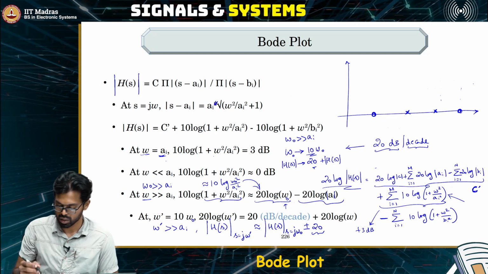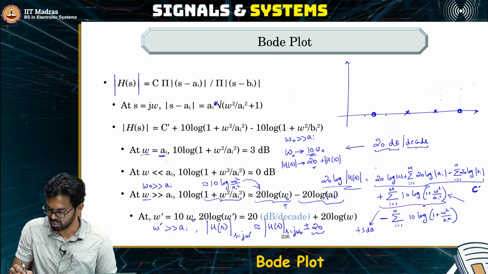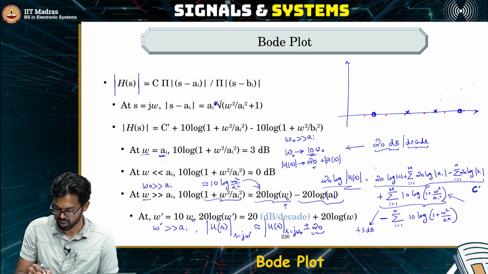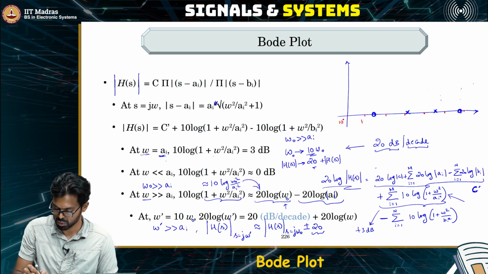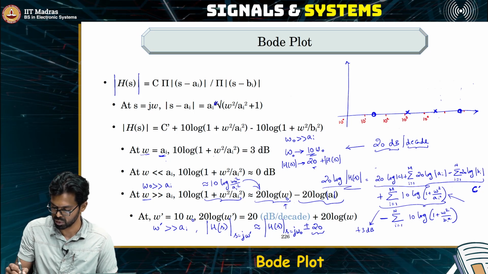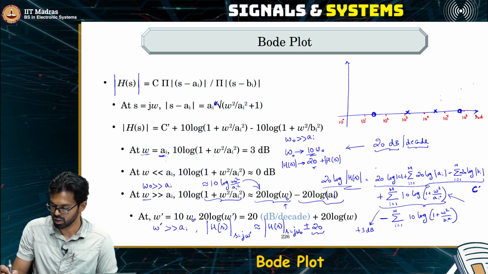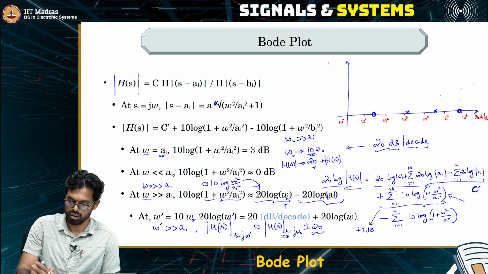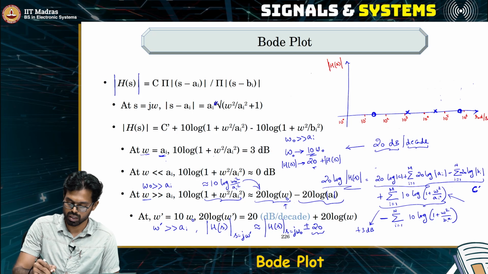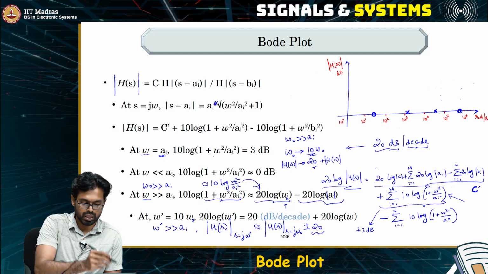Now, let us plot the frequency values. The frequency here is 10 power 0, 10 power 1, 10 power 2, 10 power 3, 10 power 4, 10 power 5, 10 power 6. This is in radians per second, and here we are plotting the magnitude of H(s) in the dB scale.